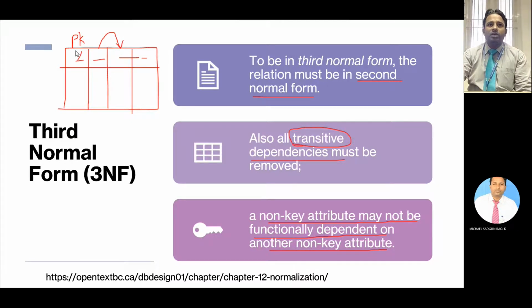Suppose these are the X attribute, Y attribute, Z attribute, and some K attribute. The primary key is X. So there should be dependency from X to Y, X to Z, and X to K. That's it, but not Y to Z. A non-key attribute may not be functionally dependent on another non-key attribute.